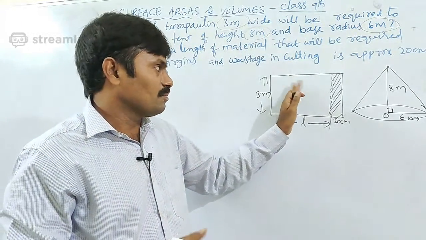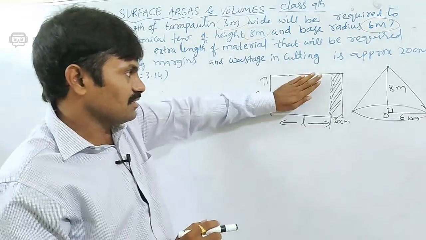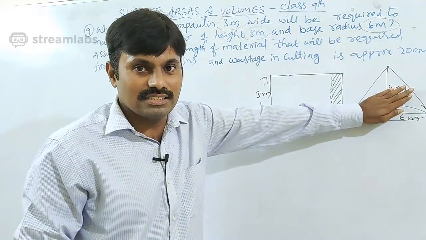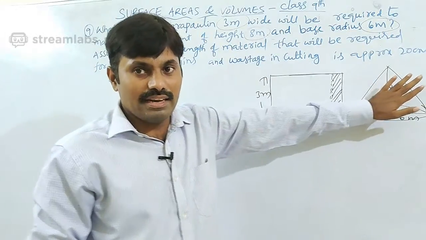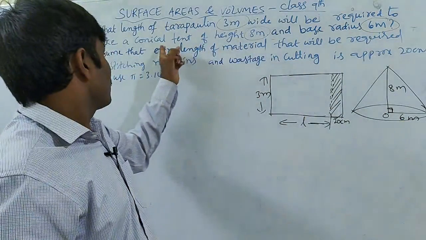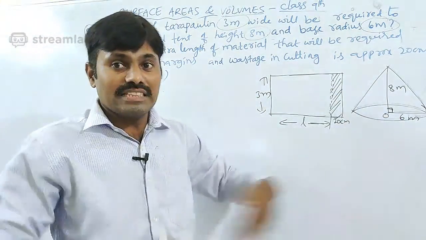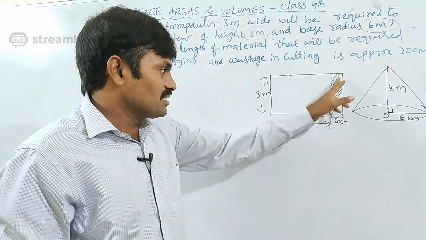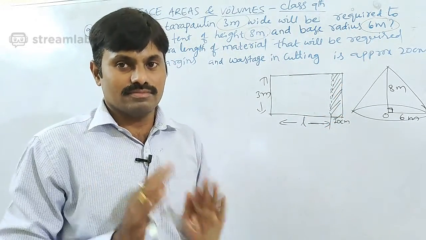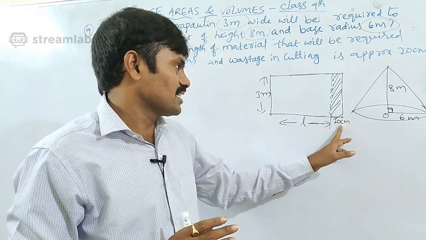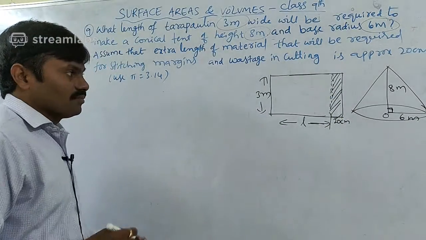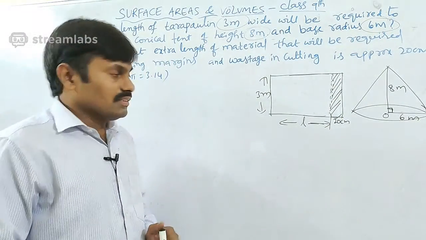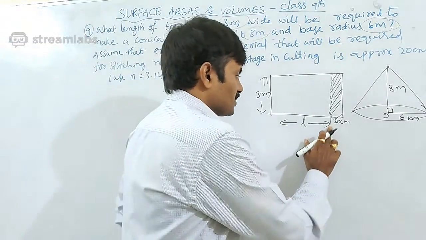By using this unshaded part, we have stitched and made a conical tent. So in this process, this shaded part is wasted. Suppose that length is 20 centimeters and width is 3 meters. Okay, clear?